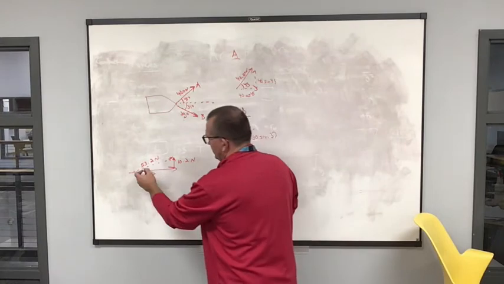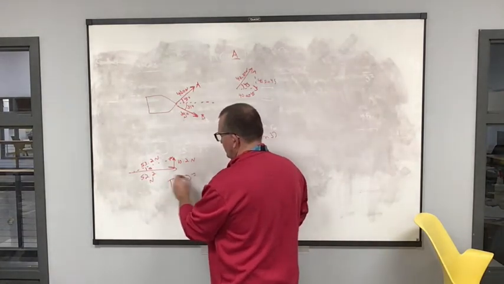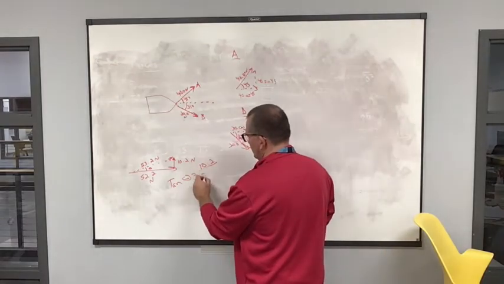And then to find my angle, again, I'm going to use tangent. Tan theta equals opposite over adjacent.